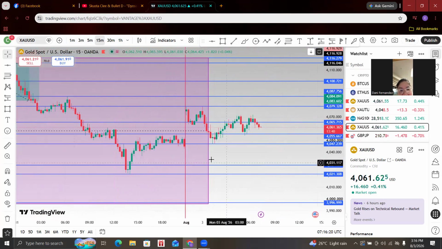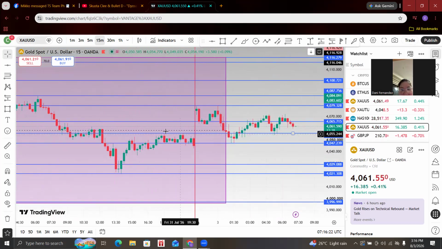Eto, di ba? Support siya dito kasi dito lang siya nagre-reject. Bumaba siya, tumaas, nag-consolidate, and then finally tumulo. Nag-create siya ng resistance dito. Umangat siya ng umangat until nag-create siya ng support dito. Umangat siya ng umangat until sinubukan niyang basagin ng ilang beses to.